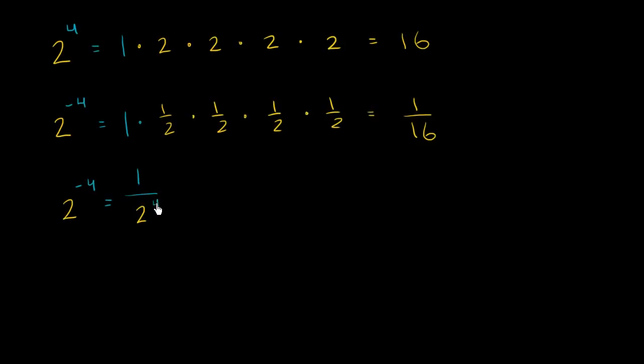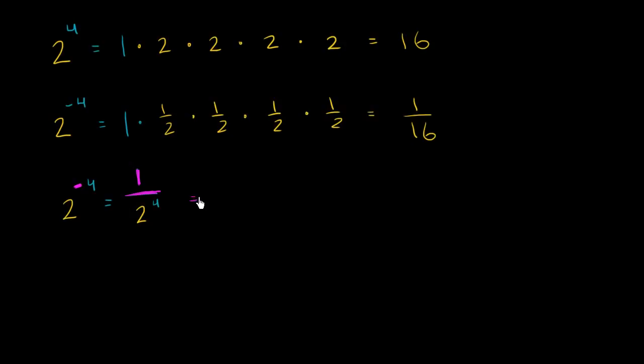And let me color code it nicely so you realize what the negative is doing. I'll do it in magenta, something that jumps out. This negative right over here is what's causing us to go 1 over. So 2 to the negative 4, based on the way we've defined it, is the reciprocal of 2 to the 4th, or 1 over 2 to the 4th.